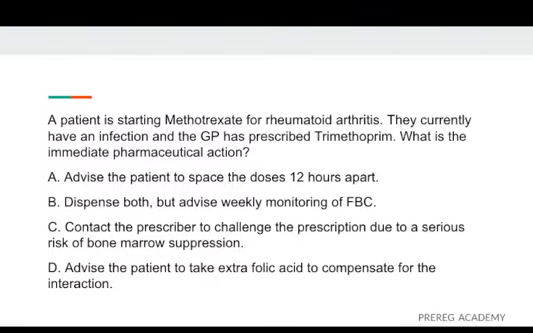It's an ARNI. Yes, the generic name is sacubitril and valsartan. Sacubitril and valsartan can cause hyperkalemia.